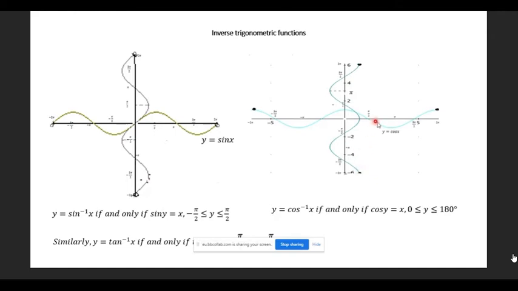But for conventional purpose, we are going to recognize the definition of this arc cos. This inverse cos, sometimes it is called arc cos, the same way as this sine inverse, it's known as arc sine.